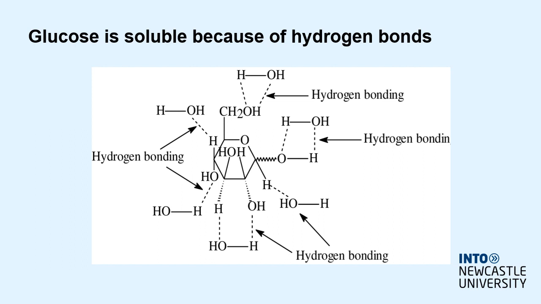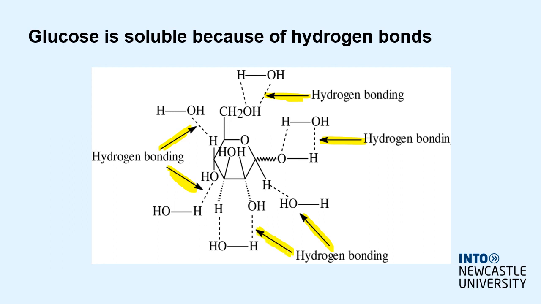Glucose is soluble as a monosaccharide, and the reason it's soluble is all to do with the hydroxyl groups as part of the glucose molecule and their ability to form hydrogen bonds with water. So what we've got here is a glucose molecule, and where you've got all these arrows, they are showing you where hydrogen bonds can form with water.